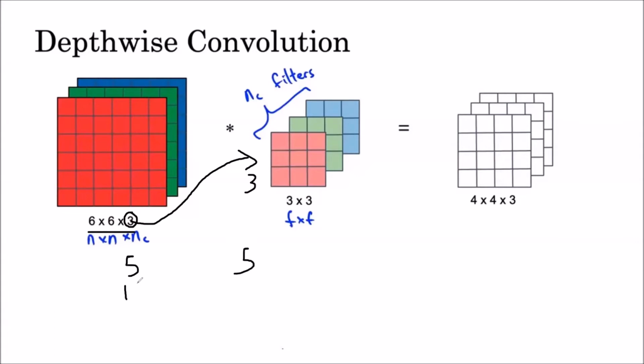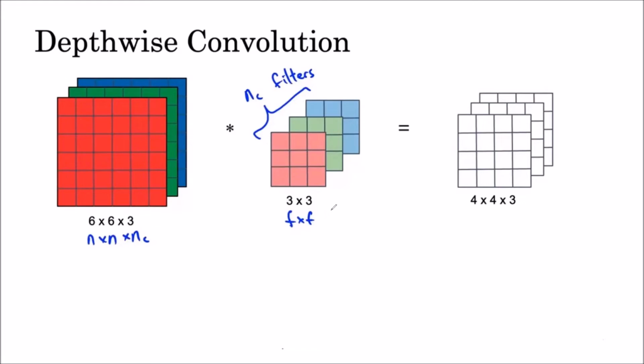If the input has 10 channels, then we consider 10 filters. Previously, if the number of channels was 3, the number of channels of the filter was also 3. But now we are not considering the number of channels of the filter. Whatever the number of channels, that many filters we consider. If the number of channels is NC, then we consider NC filters.